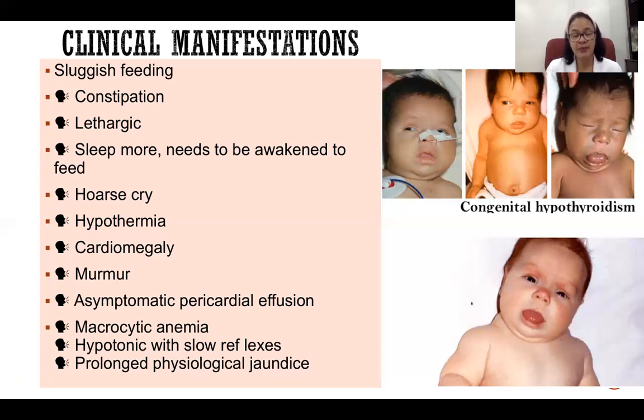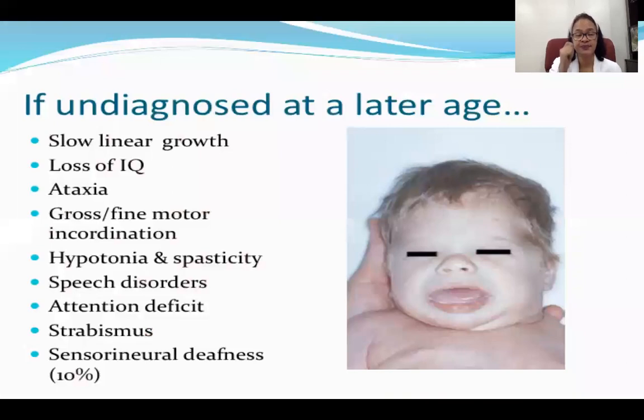Okay, but there are some infants who are exclusively breastfed. This physiologic jaundice may be extended up to 3 weeks of life. Okay, but patients with congenital hypothyroidism may even have prolonged jaundice beyond 1 month old. Okay, so you have to consider, no, that's one of your differential diagnoses.